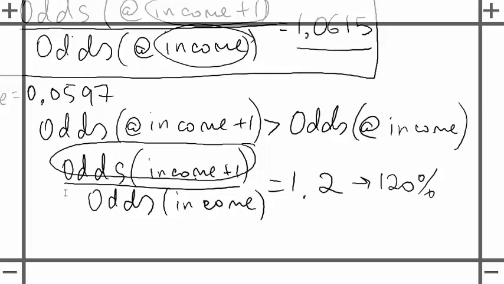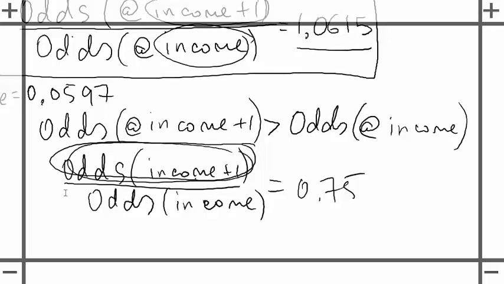What if my odds ratio was 0.75? What would I say? That the odds are going down with income increase. By how much? 25%. 0.75 means that the number in the numerator is 75% of the number in the denominator.